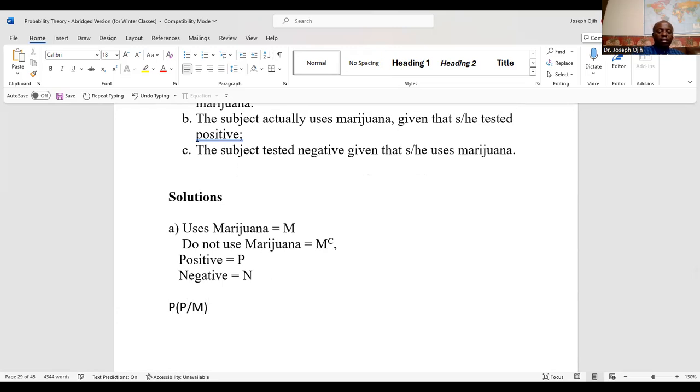Because I can't get the formula for this from here, we're going to use the workbook on the other side. So let me write this down on paper.